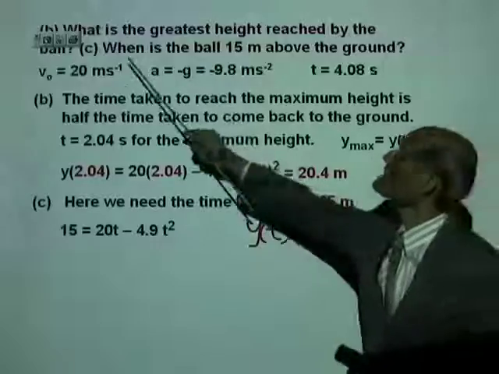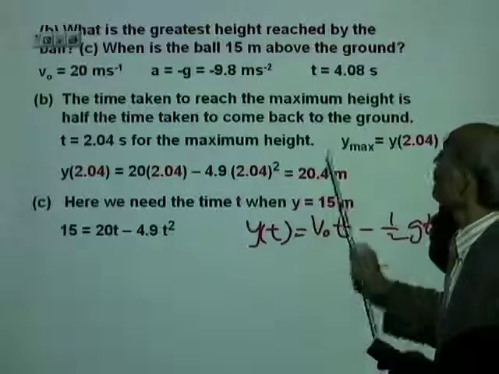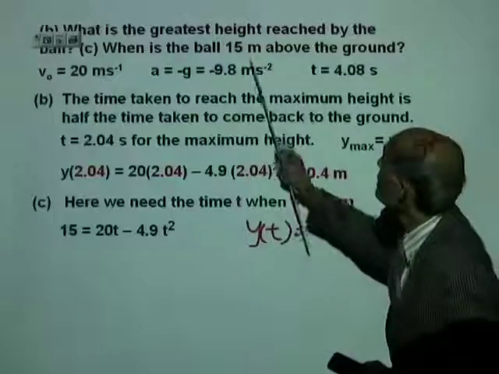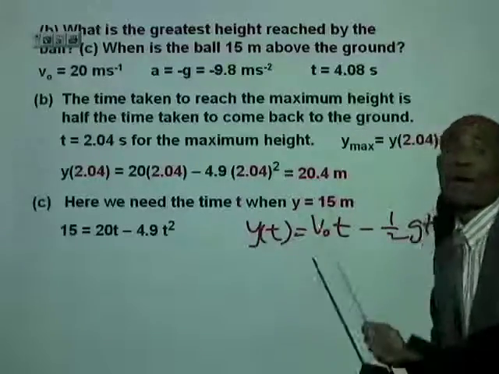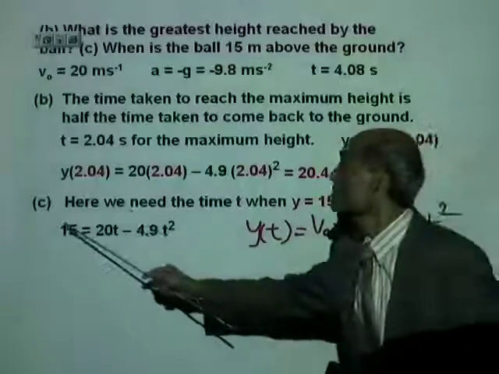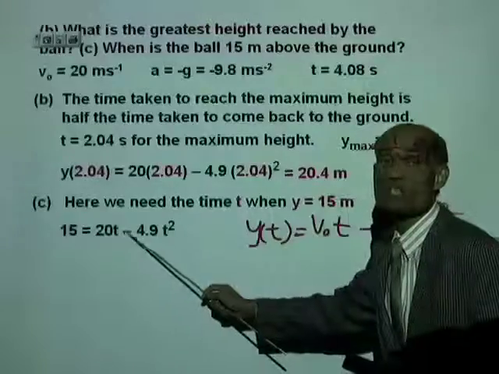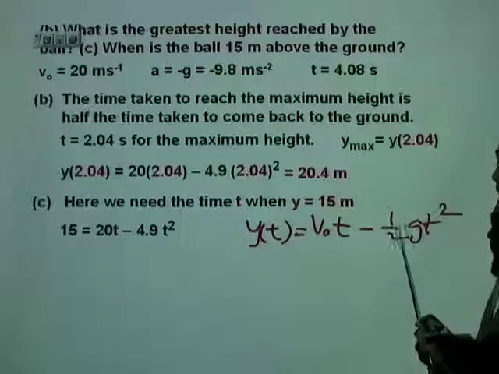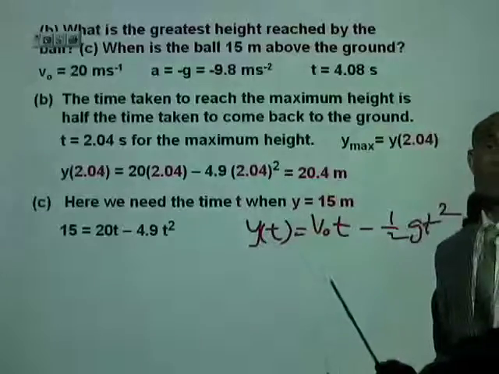That is what this c means. What is the time for the ball to be 15 meters above the ground? The value of y is 15 meters. So 15 equal to v0t, 20t, minus 1/2 g, which is 4.9 t squared.